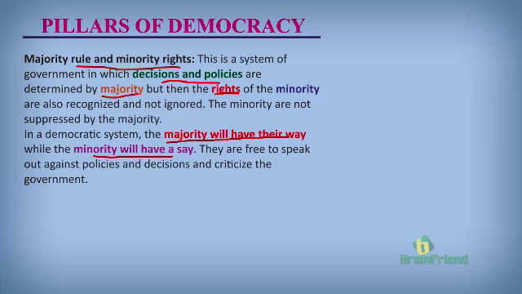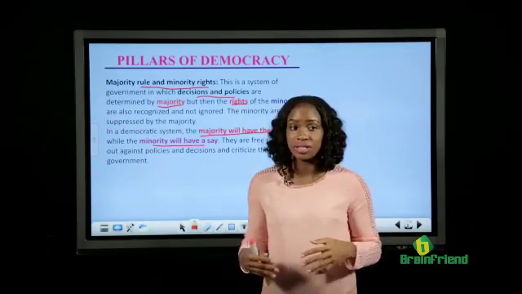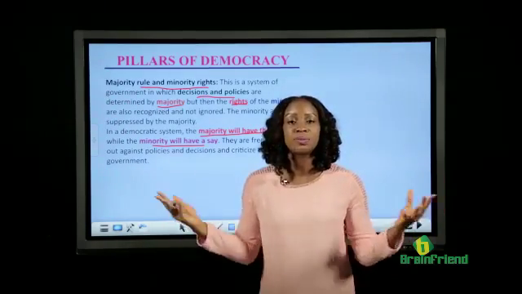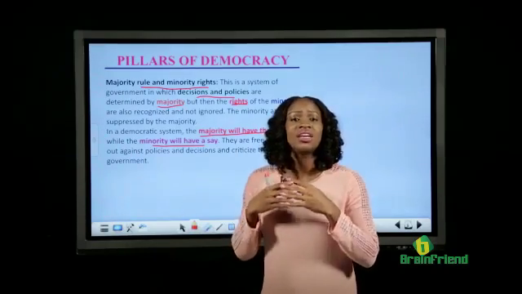That is why you see in a country like Nigeria, assuming you have the Labour Party as the ruling party, another party could still come and criticize them once in a while, or speak up when they are not doing what they are supposed to do. Remember, in our previous lesson on democracy, we learned that these different parties help to keep the ruling party in check.